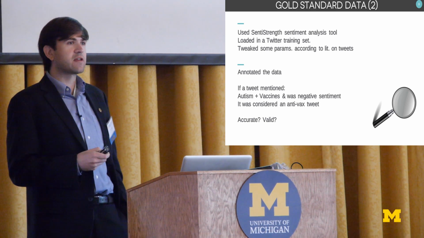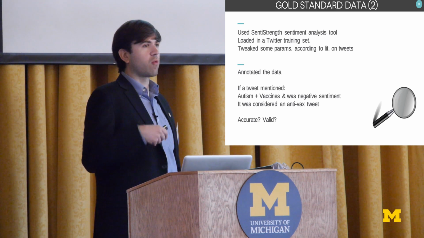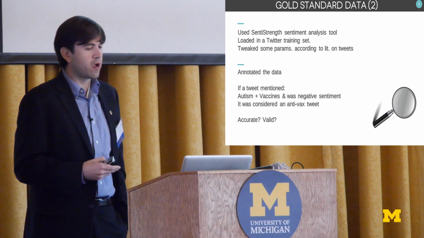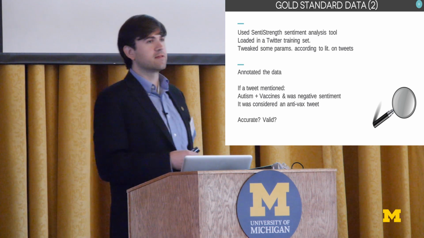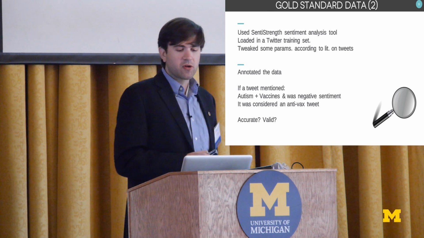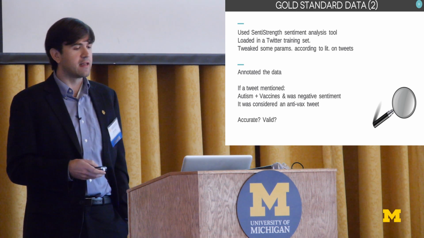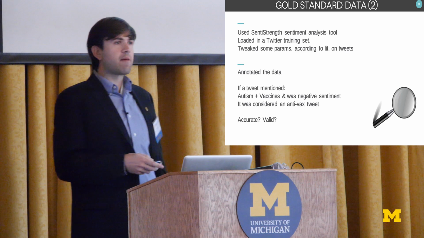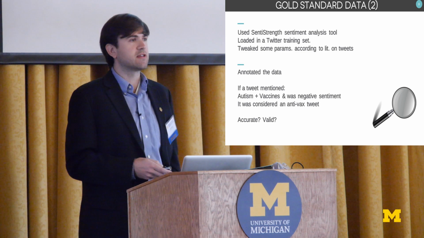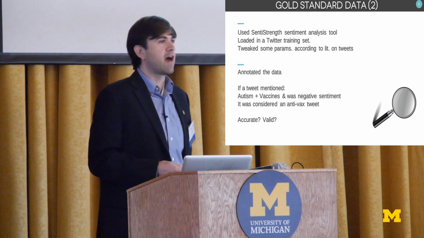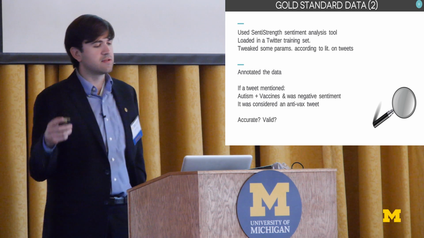I loaded in a specific set of training words that were tweaked to work with Twitter, that other scholars have said work well with Twitter data, and I tweaked some parameters according to lit reviews that suggested that certain parameters would perform better on Twitter data than others. Then the computer annotated all of the tweets, and it classified whether a tweet was negative. So I'm just copying the computer science method here. I didn't really do a check to see what that looked like. I just knew that it should be negative affect associated with this concept of autism and vaccines.